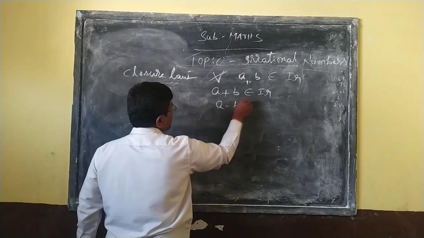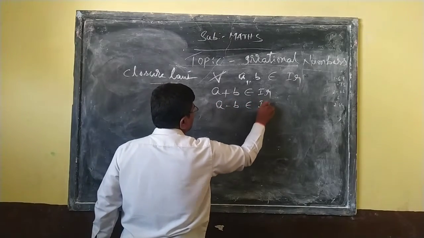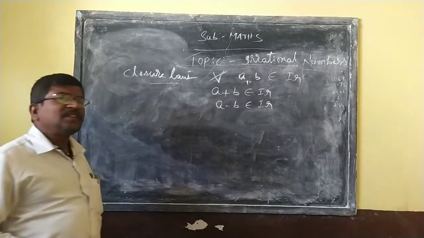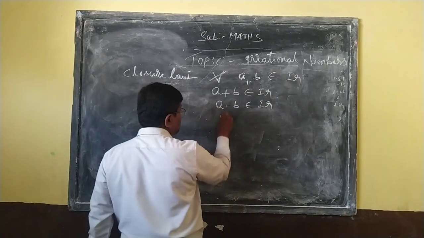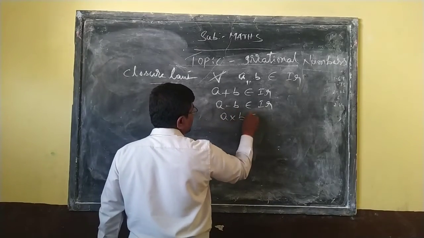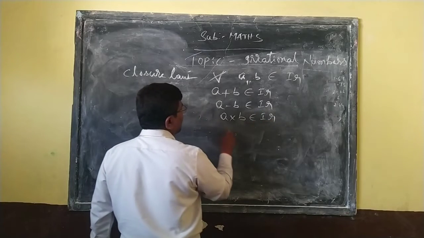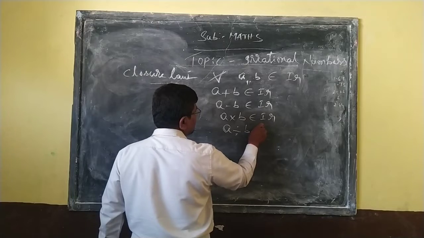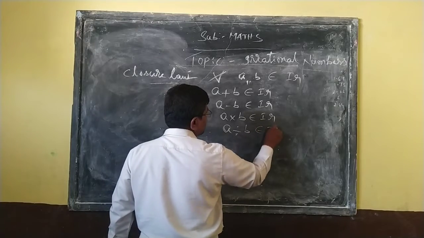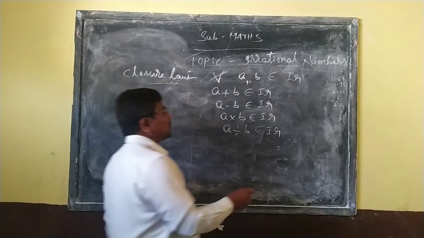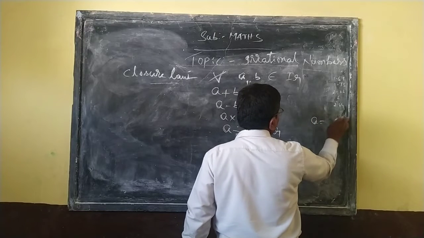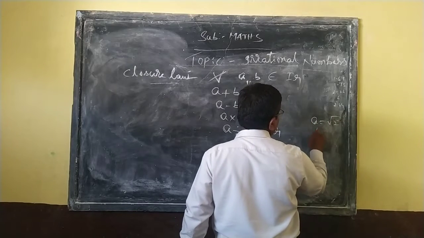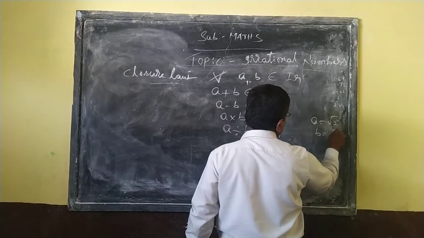Yes, difference is also. Now multiplication, yes, belongs to IR, and yes, a divided by b, yes. For example, you can take a equal to root 2, b equal to root 3.